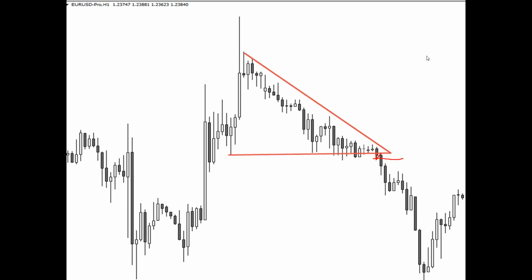Okay, this is one of the analyses I did for euro dollar, and you can see that there was a triangle here and a bullish W pattern, and these two candles here were breakout pullback continuation trades. So you're approaching the standard W pattern, where you trade at the break of the second point.